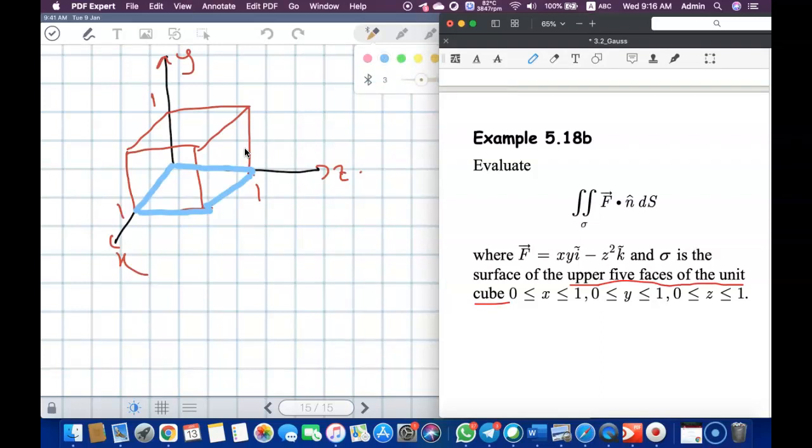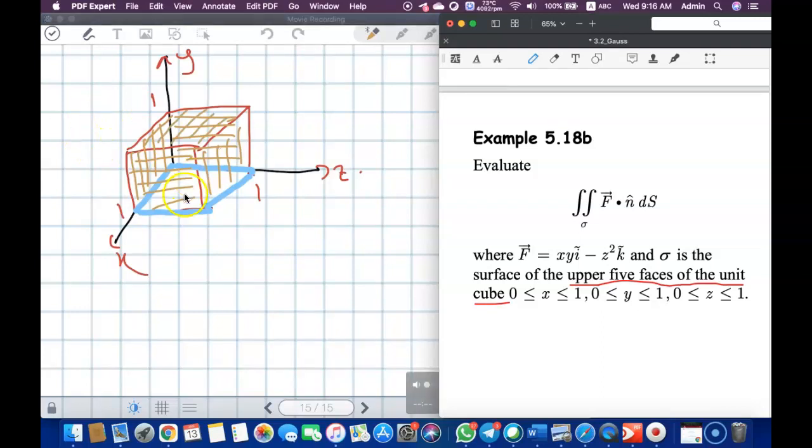Okay. So you have this one, and you have the left wall, the right wall, the wall at the back, the wall in the front, and the top wall, but the bottom here, nothing, so it is open.